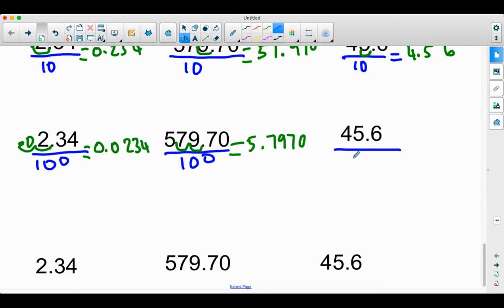Then 45.6 divided by 100. Again, we move the decimal point 1 and 2 places to the left. So that will give us 0.456.